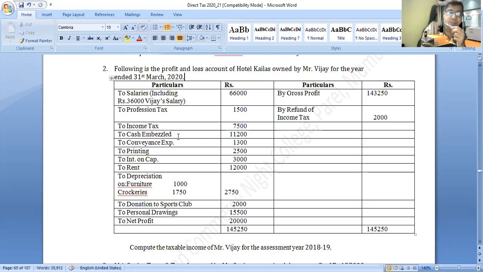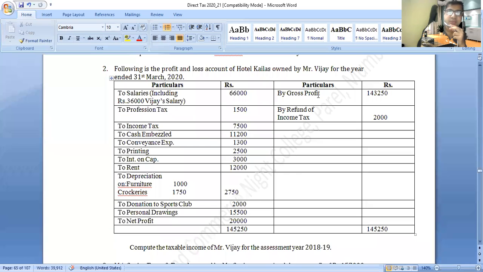professional tax 1,500, income tax 7,500, cash embezzled 11,200, conveyance expenses 1,300, printing 2,500, interest on capital 3,000, rent 12,000, depreciation on furniture 1000, depreciation on crockeries 1750, total is 2750, donation to sports club 2000, personal drawings 15,500, net profit 20,000.